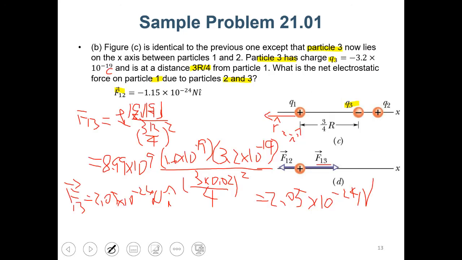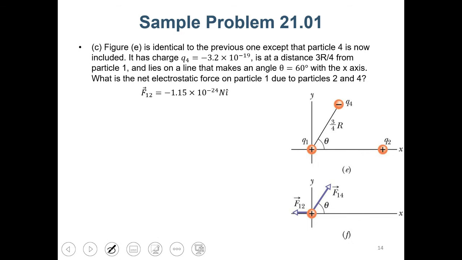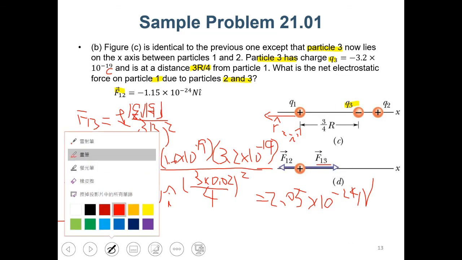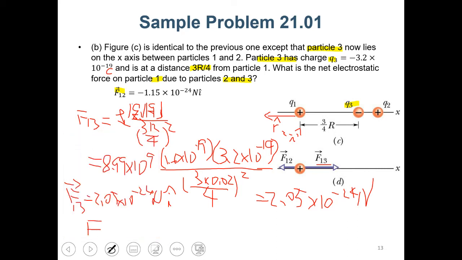So actually F1 net is F12 plus F13. You can just substitute the numbers: minus 1.15 times 10 to the minus 24 plus 2.05 times 10 to the minus 24.